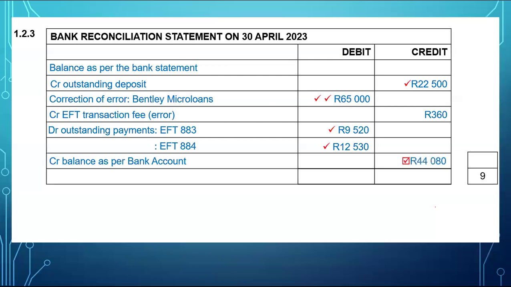That unfavorable bank balance, we are going to credit it in our bank reconciliation statement and then do the same thing. You will notice that here, the debit is greater than the credit. When you add the debit, you will get 87,050.